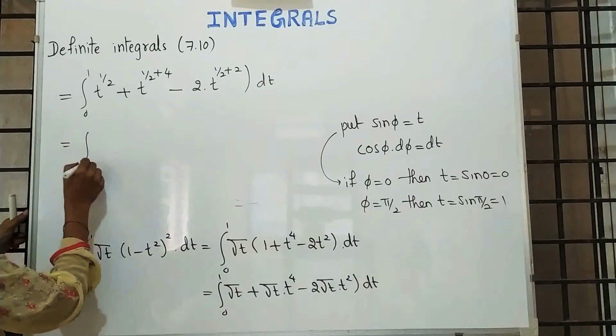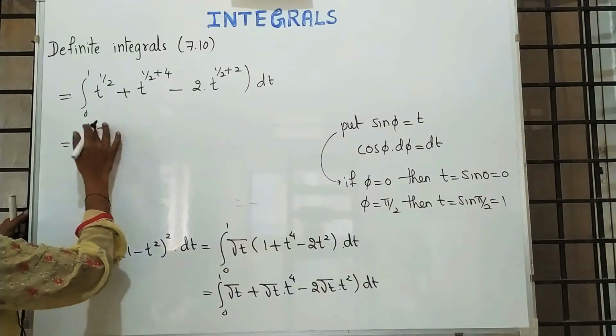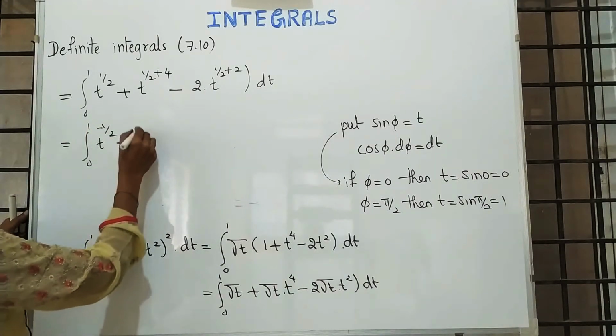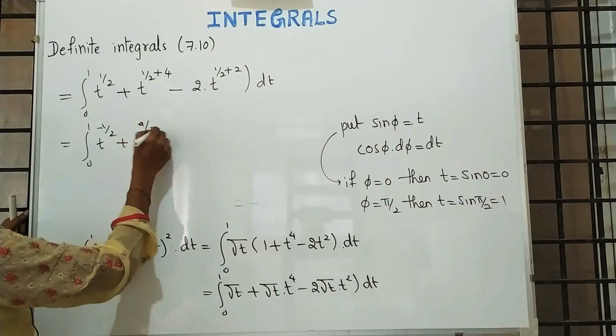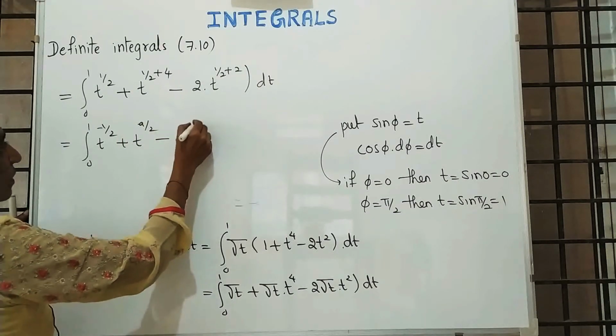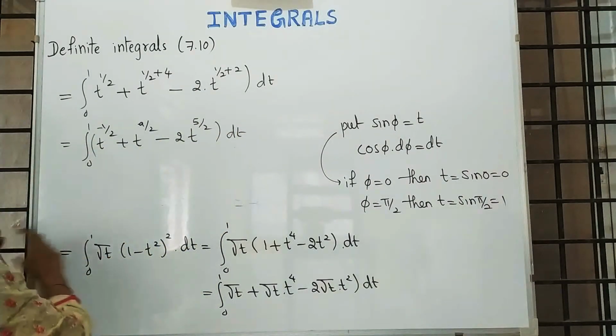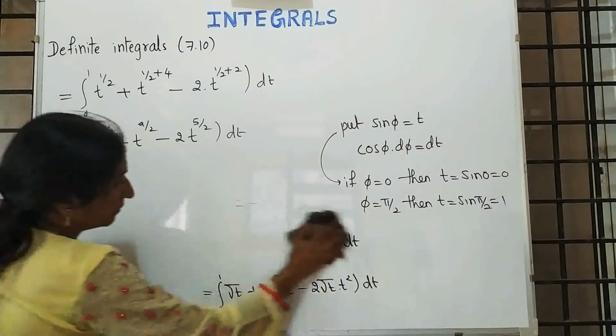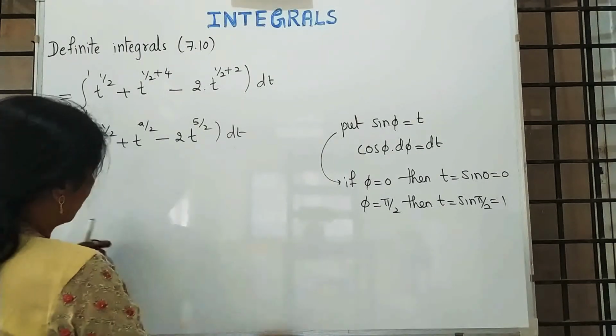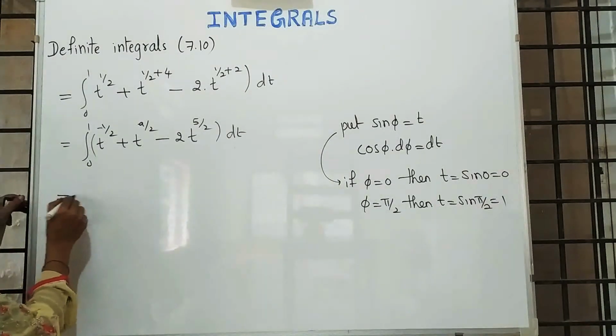Now it is 0 to 1 of t raised to 1 by 2 plus t raised to 9 by 2 minus 2 t raised to 5 by 2 into dt. Now integrate this. Changing the limit is must and should, and it is important. 0 to 1.